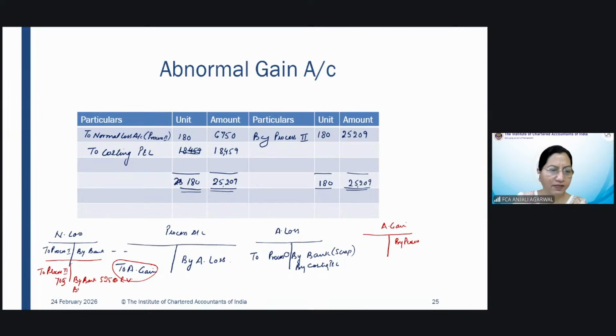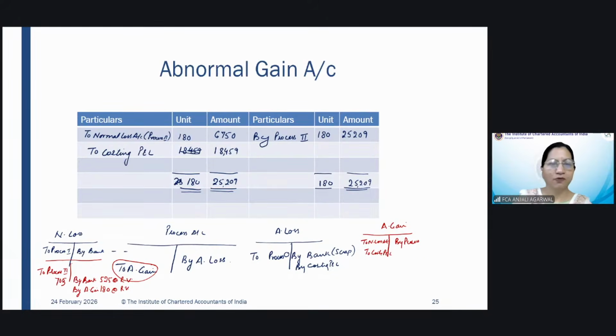So where will the balance be taken from? Abnormal gain account. So if the abnormal gain account is taken with the realizable value here, 37.50, then in the abnormal gain account you will have two normal loss accounts and only the balance will go to costing P&L.